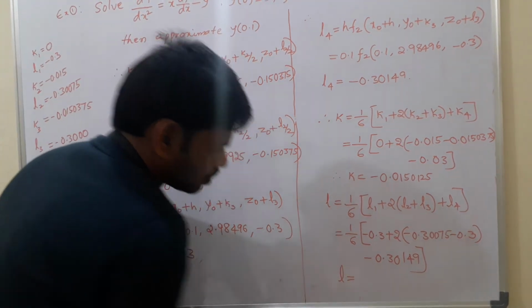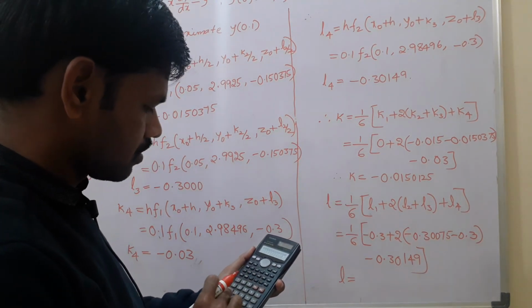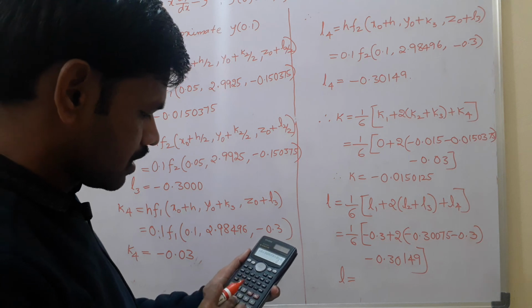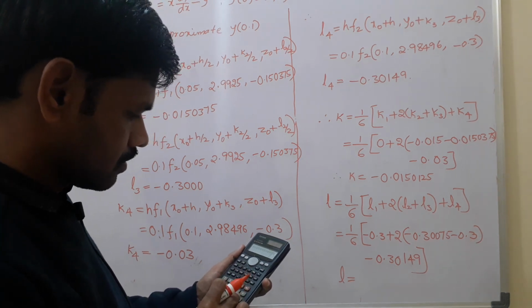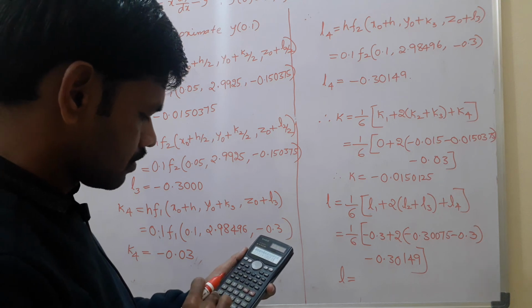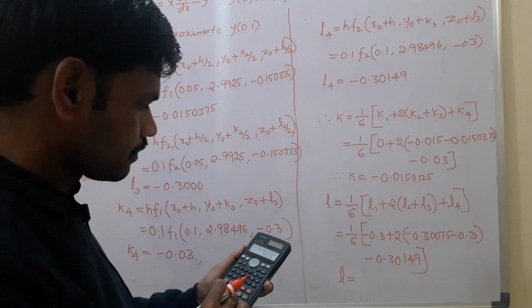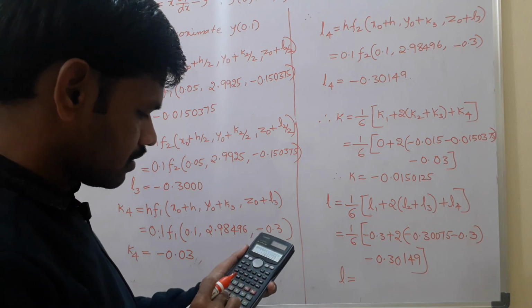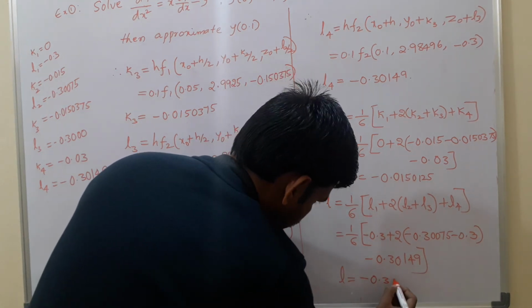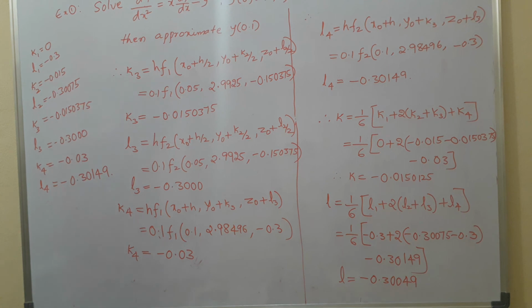So simplifying, L equal to minus 0.3 minus 0.30075 into 2 minus 0.3 minus 0.30149, divided by 6, we get minus 0.30049. That is L.